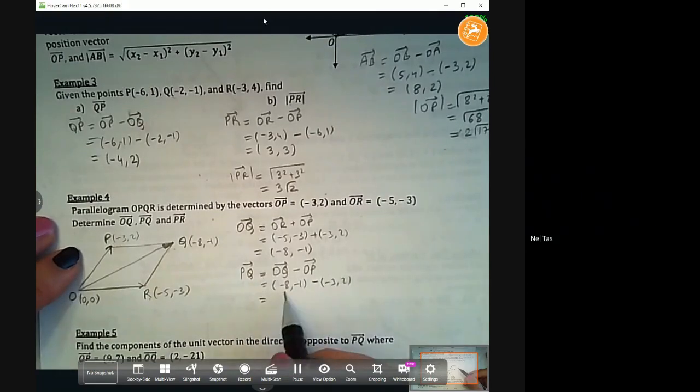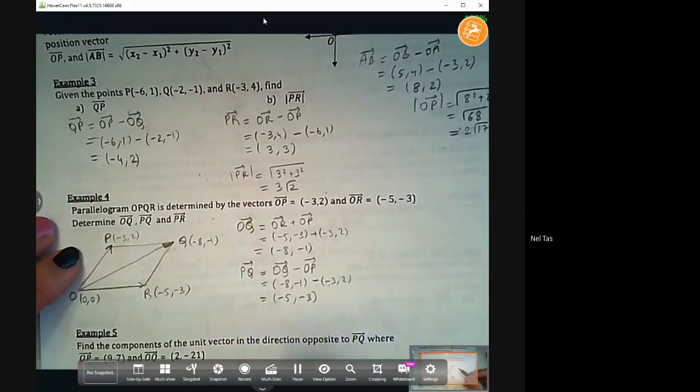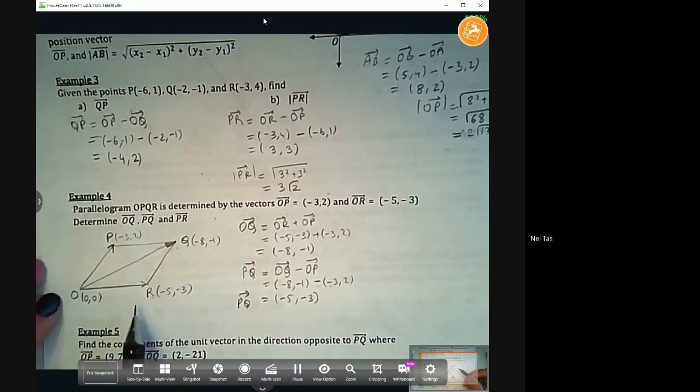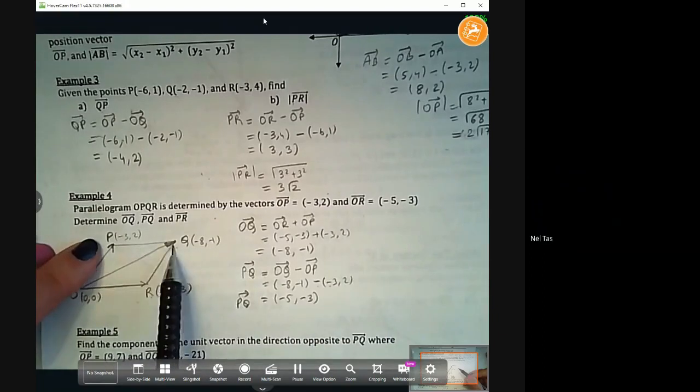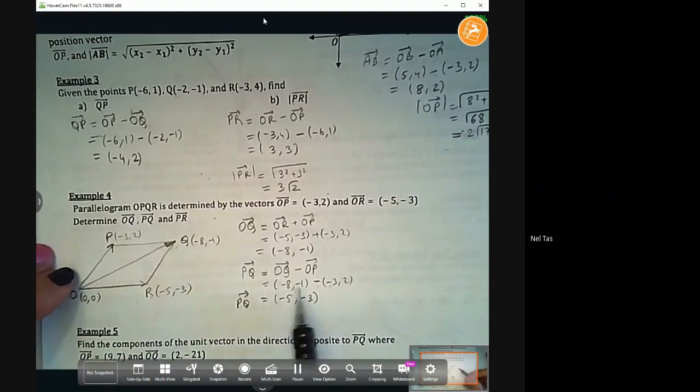So that gives you -8 minus -3, which is -5, and -1 minus 2, which is -3. So as you see, PQ vector is the same as OR vector, because they have the same size and same direction. And when you do this subtraction, remember, you get a position vector, so its tail is at origin.